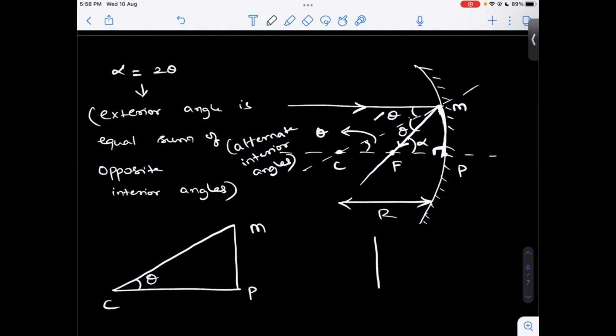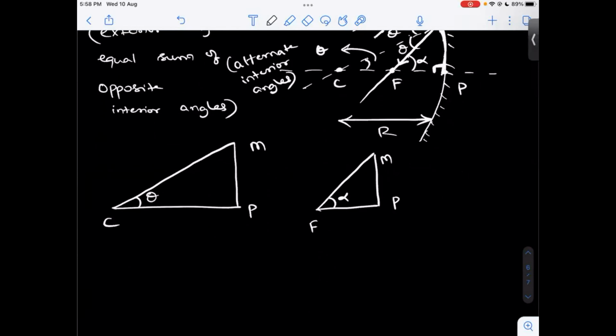Similarly, you can consider M, P, and F: when you join F to M, it subtends an angle alpha.